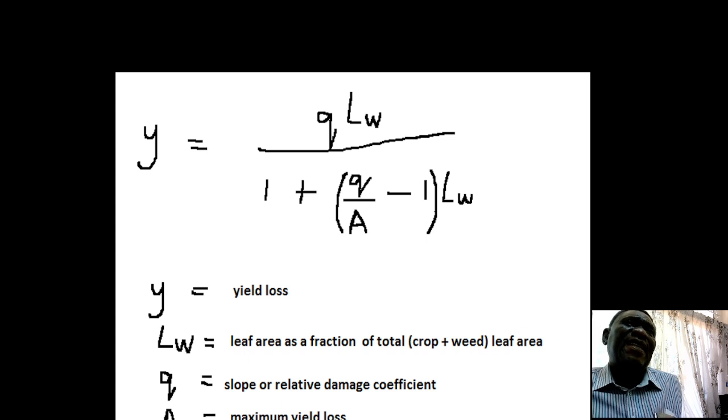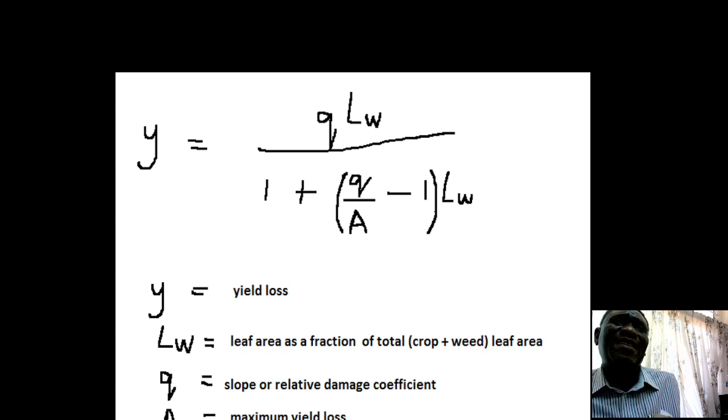So this is the equation, which is the same. Y, which is yield loss, is equal to Q slope multiplied by relative leaf area, divided by 1 plus, in brackets, Q over A minus 1 multiplied by relative leaf area.